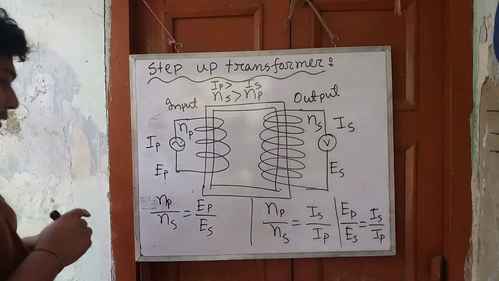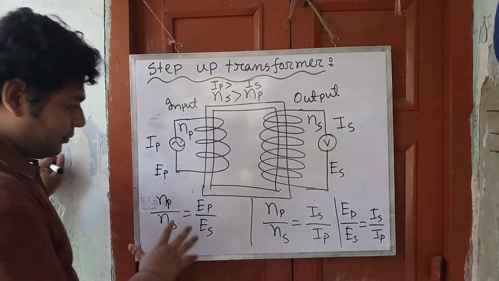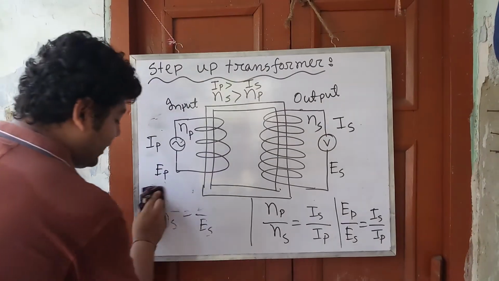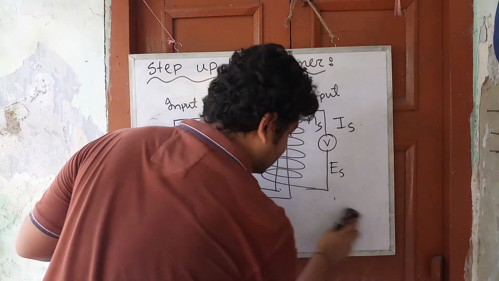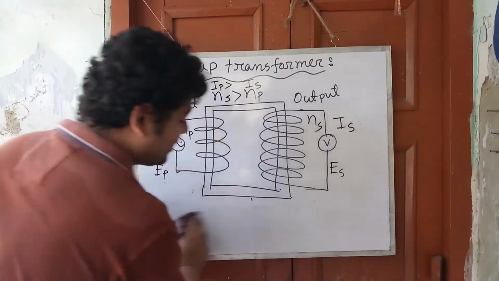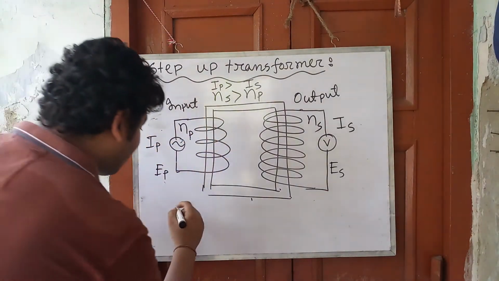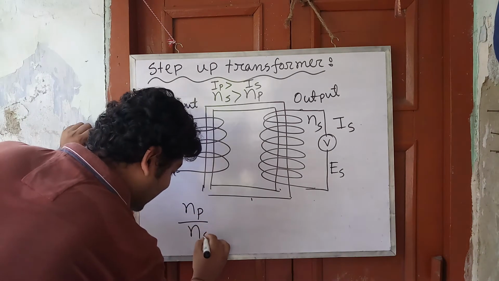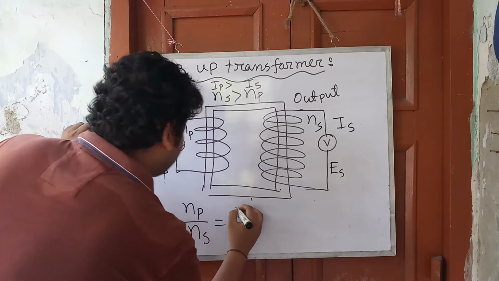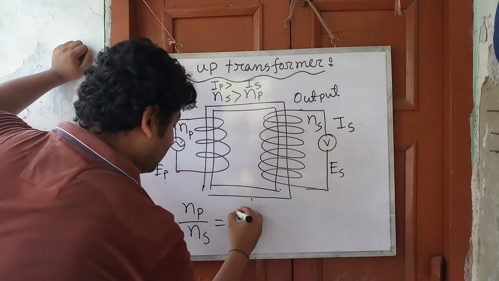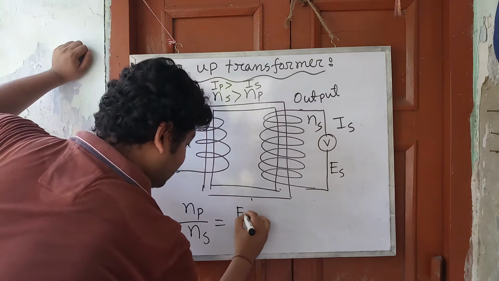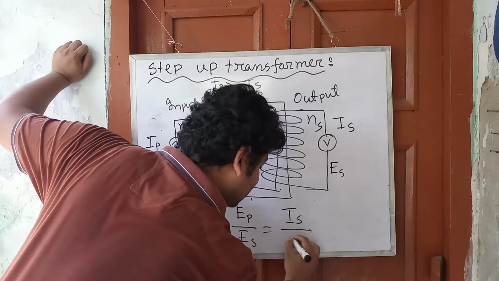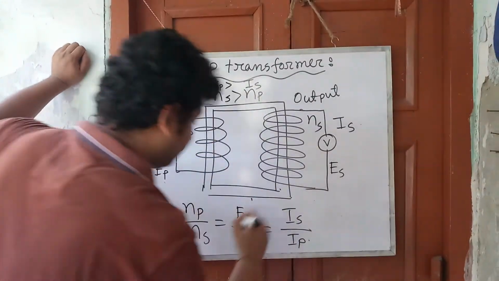Combining these three relations, we can write in short NP by NS equal to EP by ES equal to IS by IP.